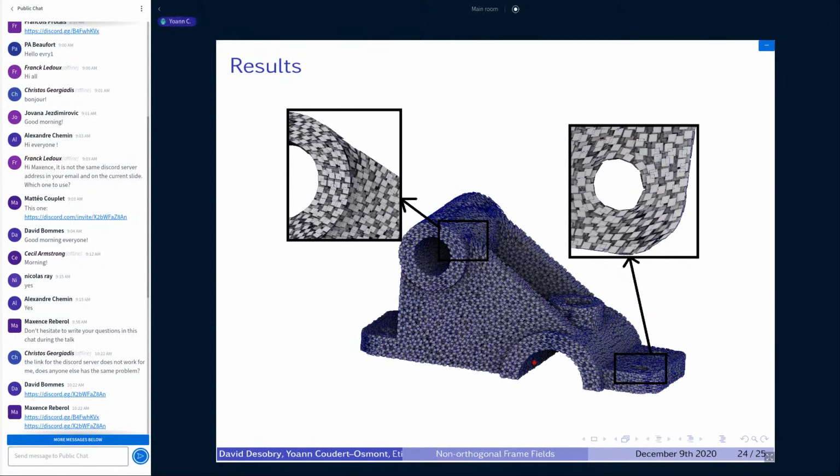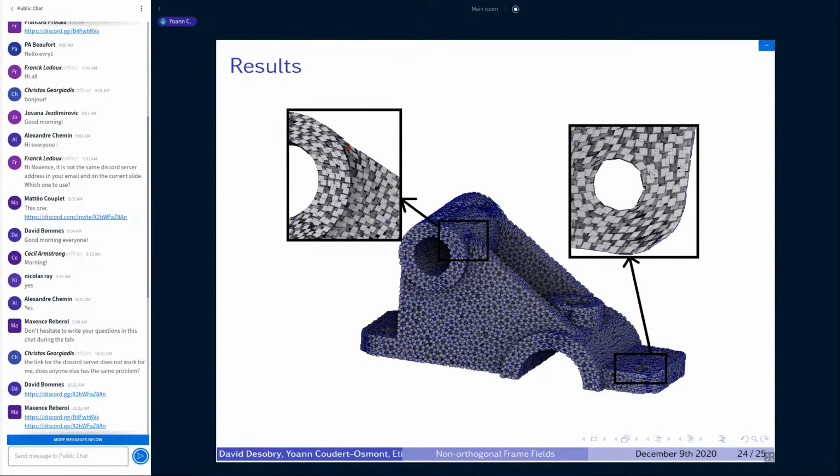Here is a harder mesh. The frame field obtained is clearly not very good everywhere, but it's a good thing because it means that there is still plenty of work to do. If we look at the zoom here on the left, we can see that frames are flattened in this corner here.